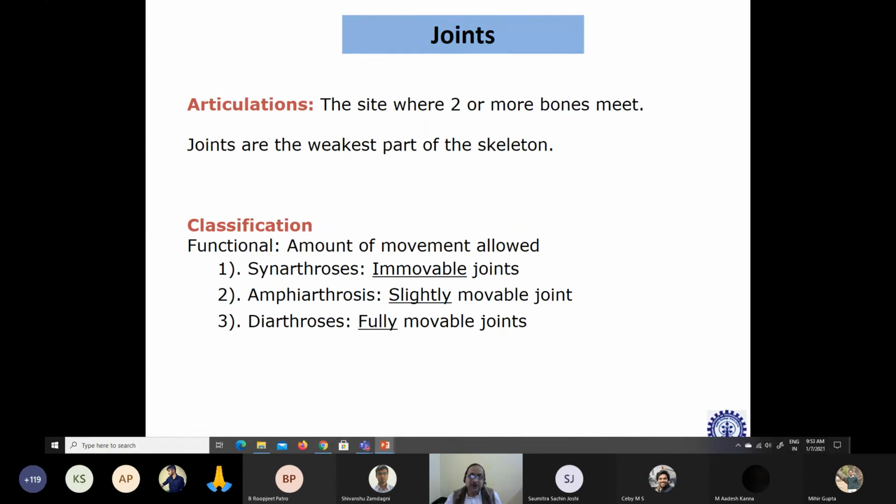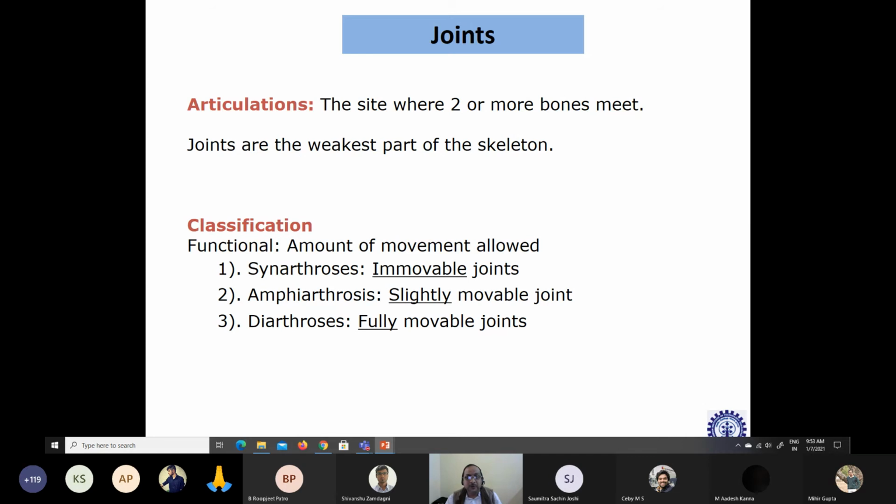Now, articulation, or articulating joints as we sometimes say, is a site where two or more bones meet, and joints are of course the weakest link in the skeletal system.